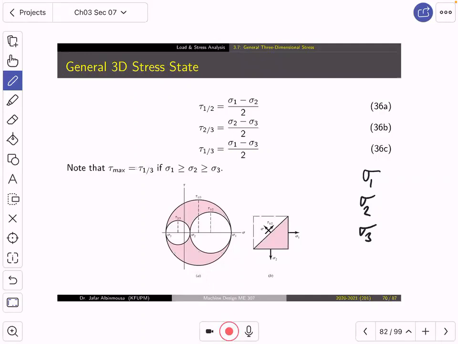Now, if you plot the Mohr circle in 3D, what will happen? You will have sigma 1 over here, sigma 2 over here, and sigma 3 over there. I know this is small, but I hope you see it very clearly.